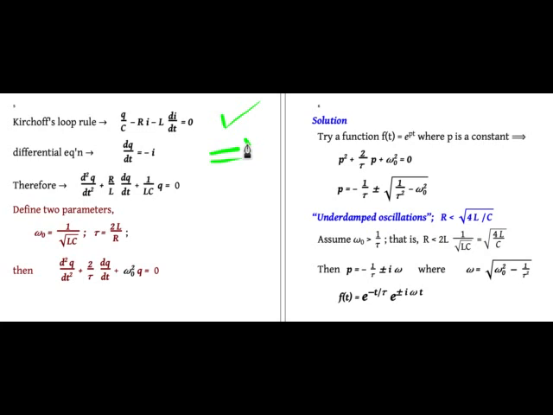This is plus Q. And the other plate is minus Q. And then we define the current this way to be I. So positive Q means a current coming in the clockwise direction out of the positive plate of the capacitor.